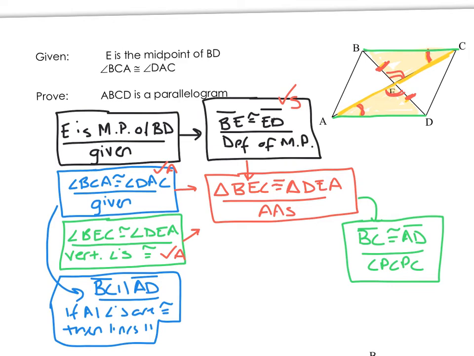If I combine those two facts, well, I could say that ABCD is a parallelogram, and I'm going to use the symbol there, because one set of sides is both parallel and congruent.